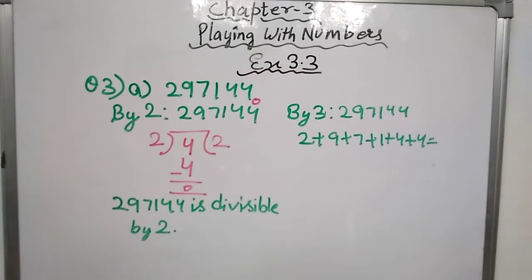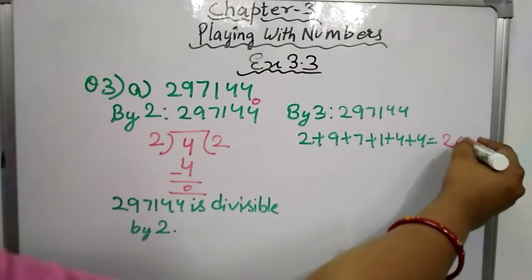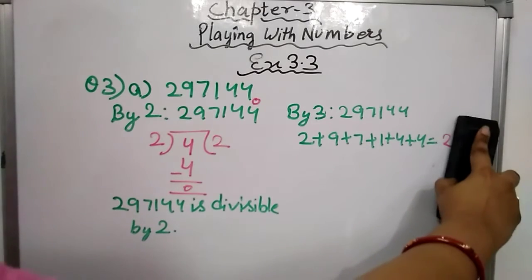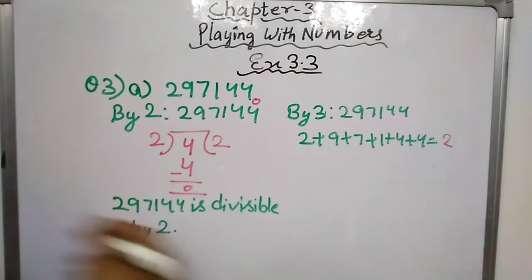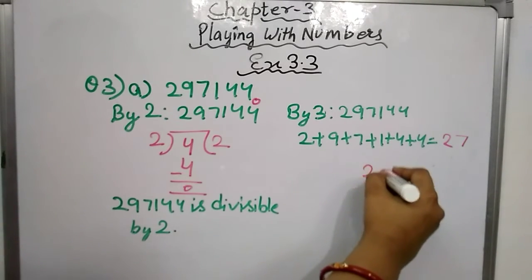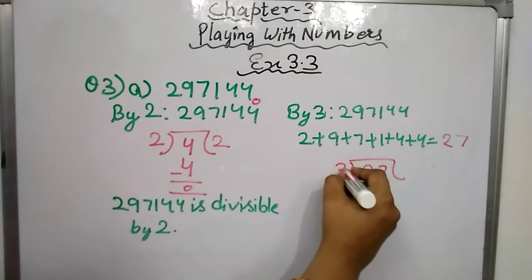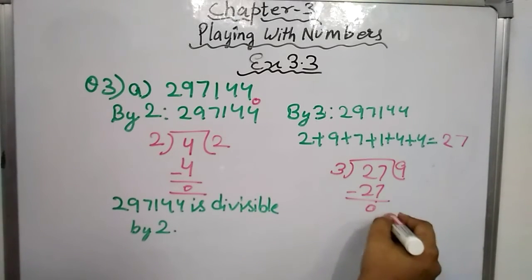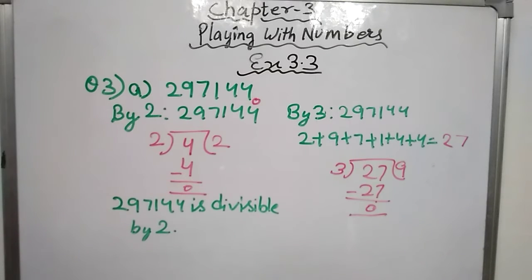Now what is the sum of all these digits? No, this is 27. Now check this, is this 27 can be divided by 3? Yes, on dividing 27 with 3, we get quotient as 9 and remainder as 0.